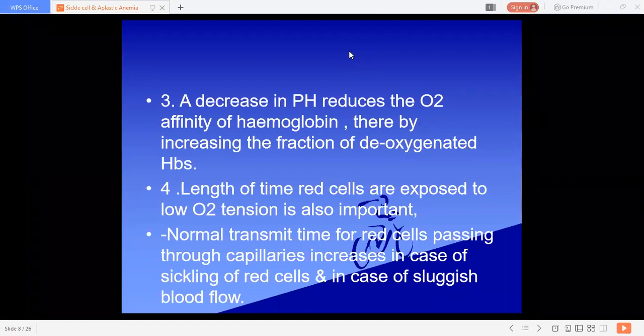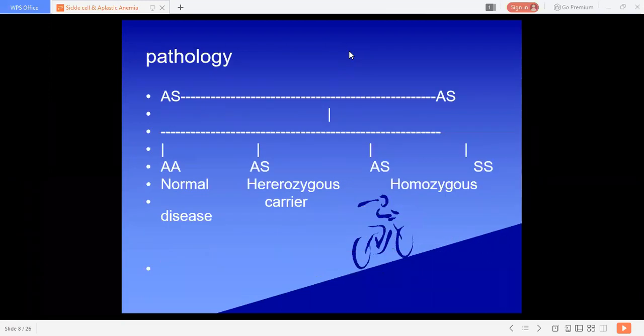That will affect the rate and degree of the sickling. So these are the factors which affect the rate and degree of sickling and polymerization.